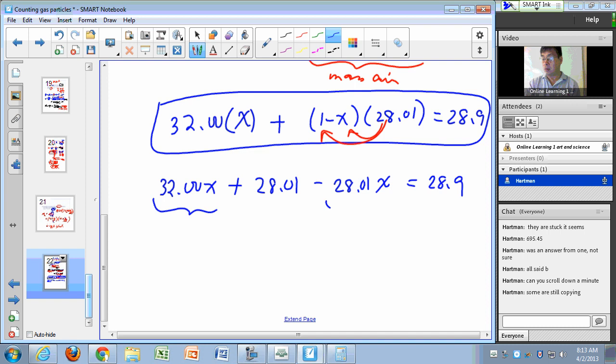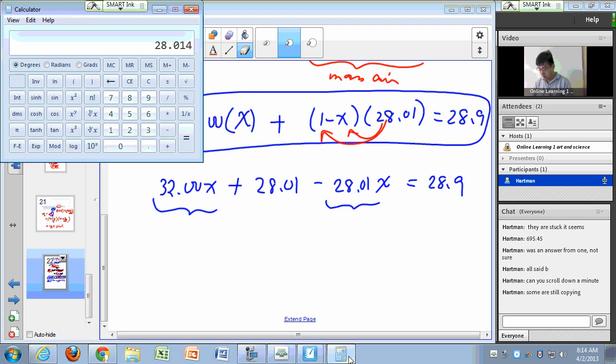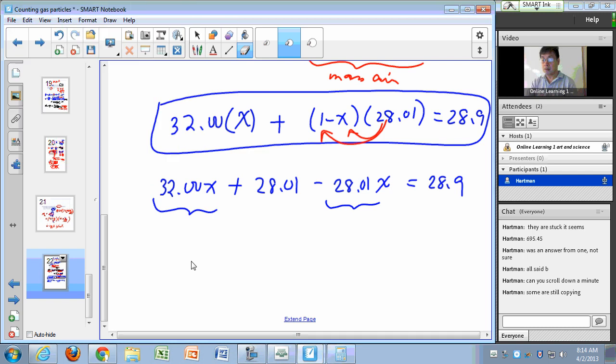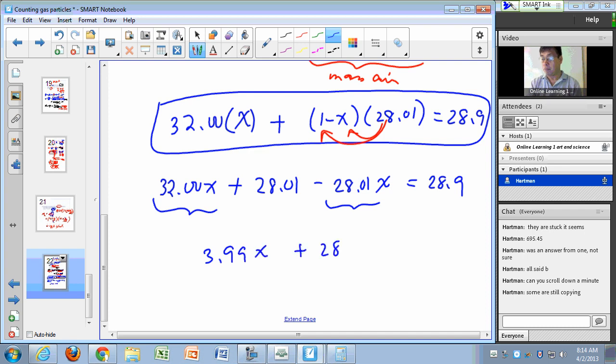Combine these two. That gives me 3.99, right? 32 minus 28.01. 3.99x plus 28.01 equals 28.9, and then I subtract 28.01 from both sides.